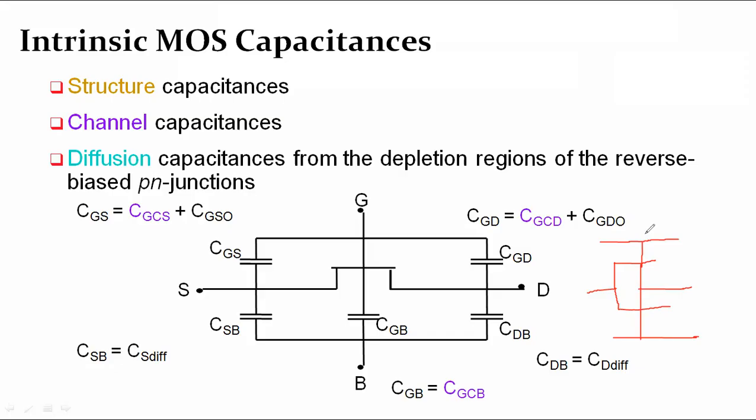One of the alternative ways is to run layers orthogonally. What is meant by orthogonal? Here the diffusion, N diffusion or P diffusion, is orthogonal to the polysilicon.